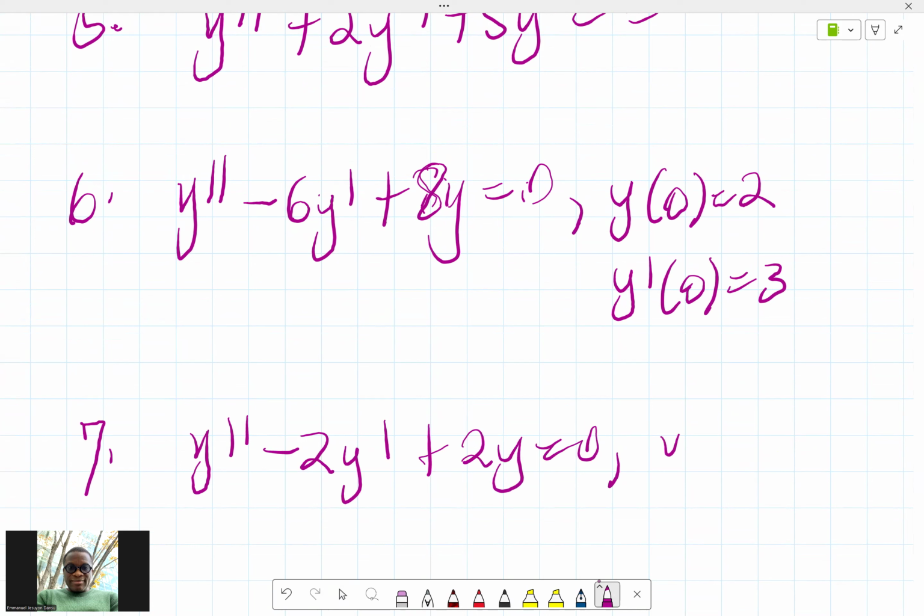And then you still have initial conditions. y of 0 equals 1, and y prime of 0 equals 0. Okay. So with this in place now, you should have a very good understanding of the characteristic equation method for solving homogeneous, linear, second order ordinary differential equations.